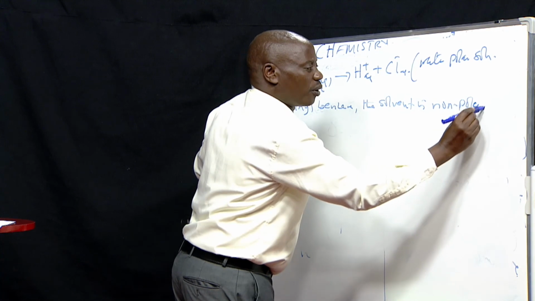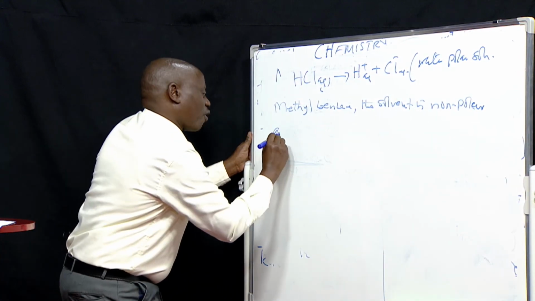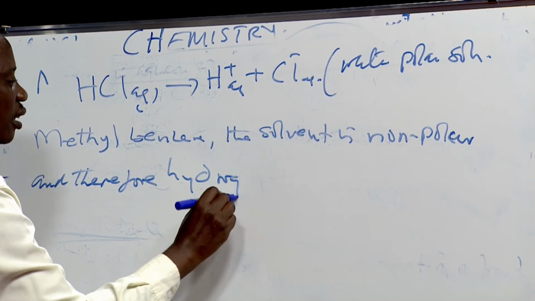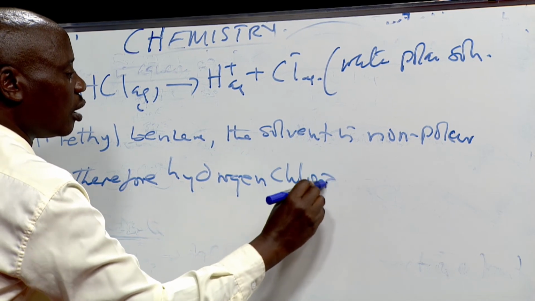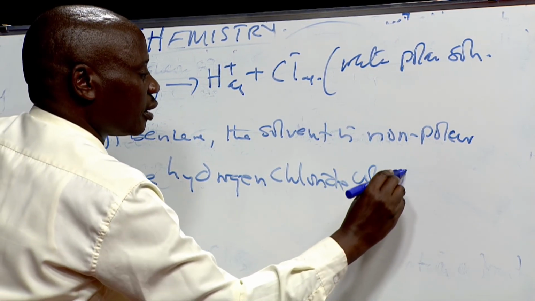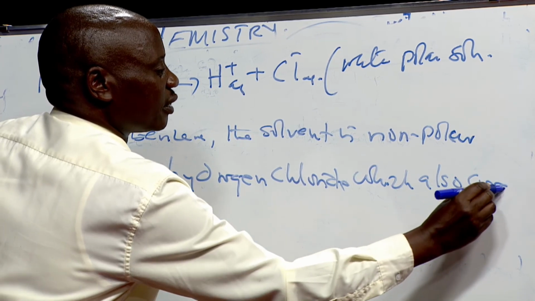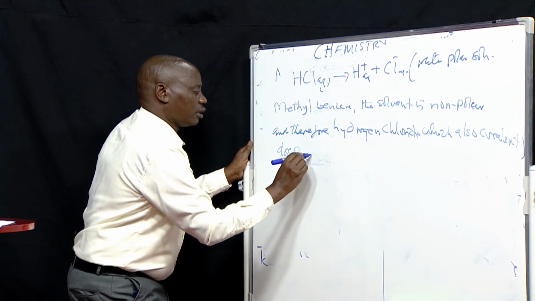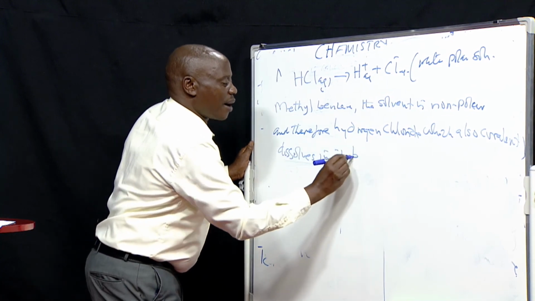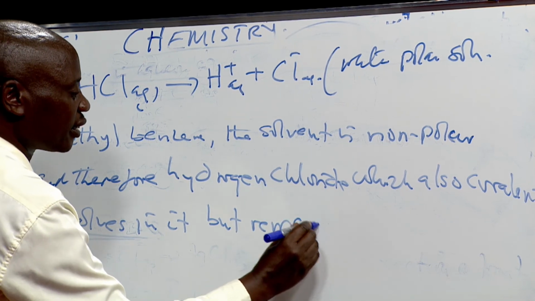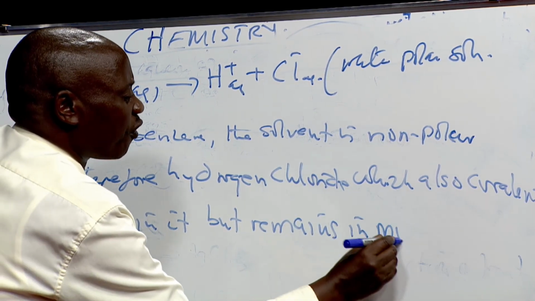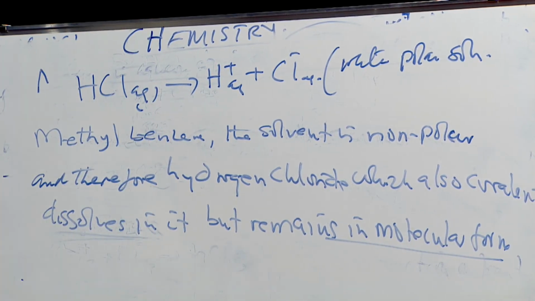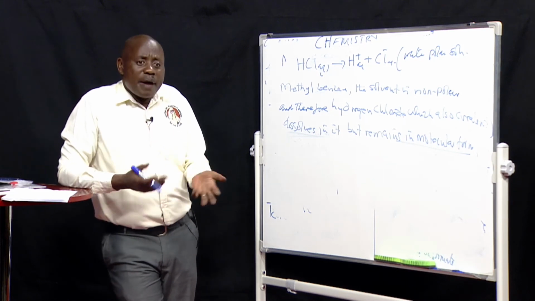It's non-polar, and therefore hydrogen chloride, which is also covalent, dissolves in it, but remains in molecular form. It does not form ions. It remains the way it is.